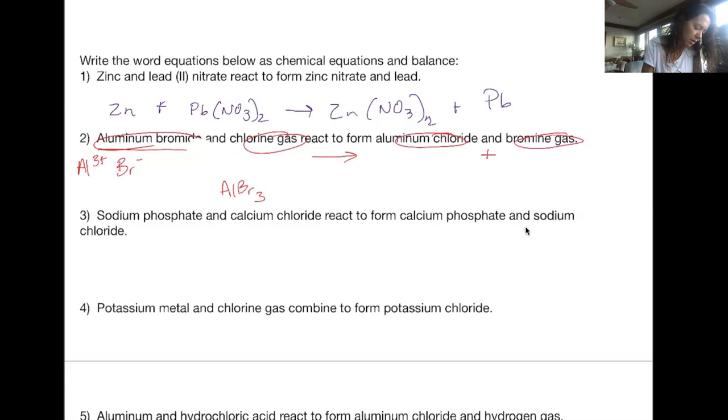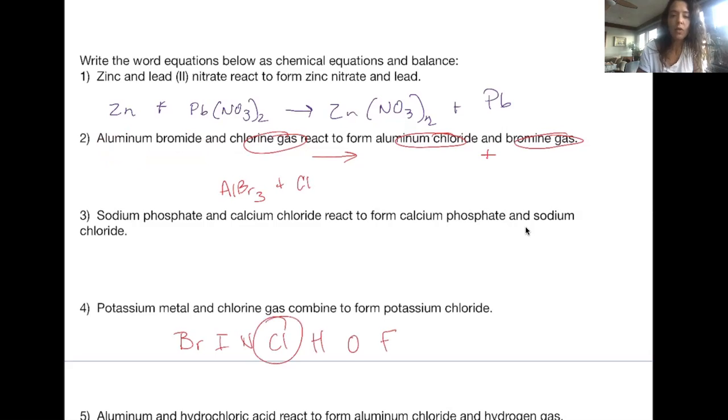So I got to get rid of this stuff. And plus chlorine, Cl. It's by itself. Is it diatomic? Yes, it is. Therefore, it gets a 2. All right, react to form. That's our arrow.